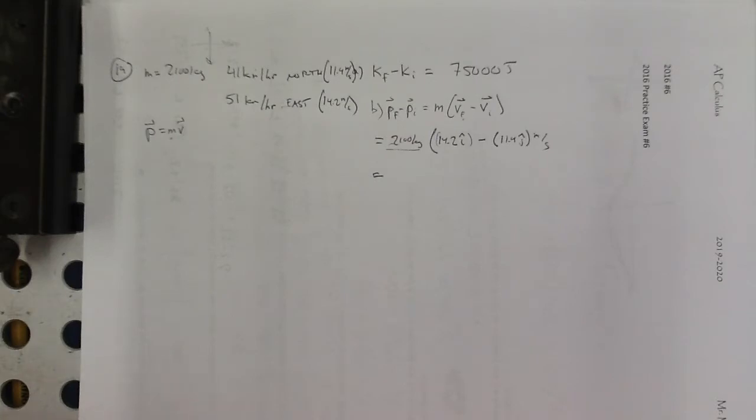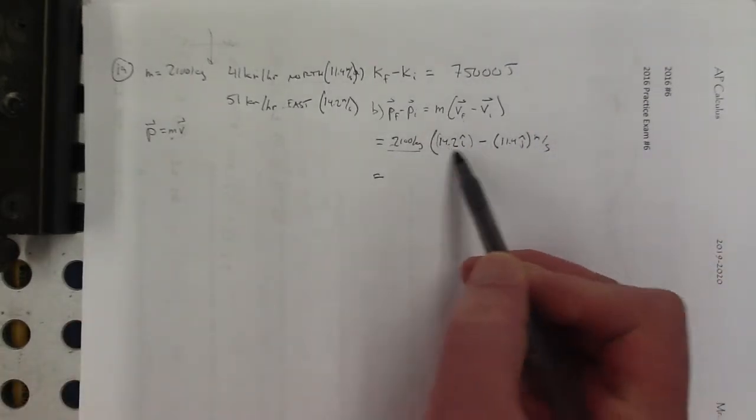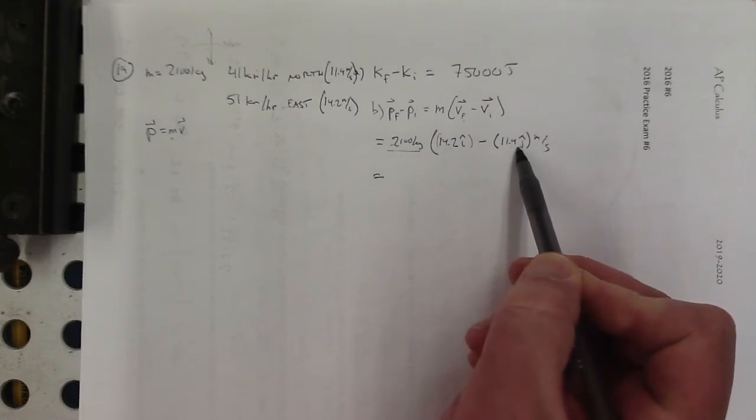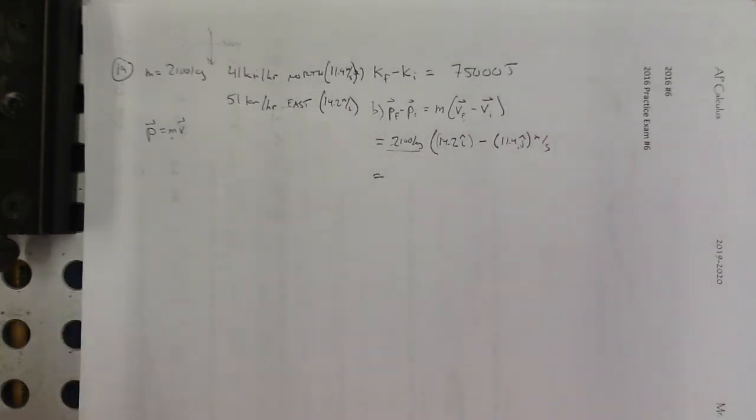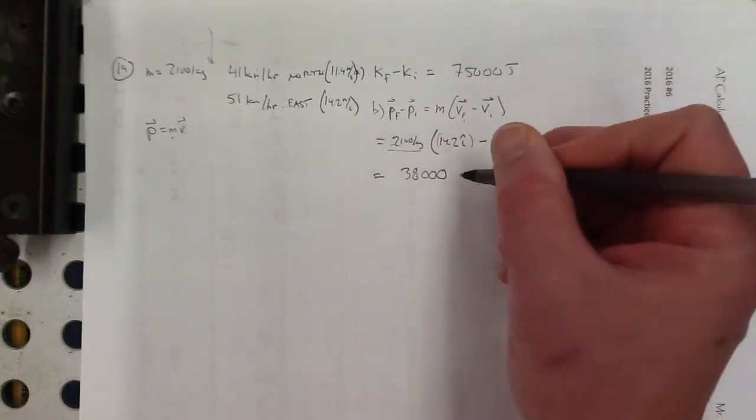14.2 squared plus 11.4 squared. So the hypotenuse of this little triangle would be 18.2, and then multiplied by 2,100 is about 38,000.